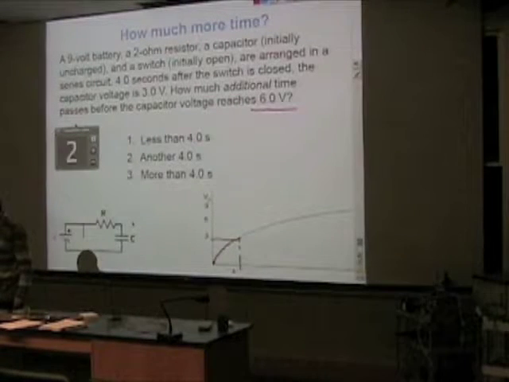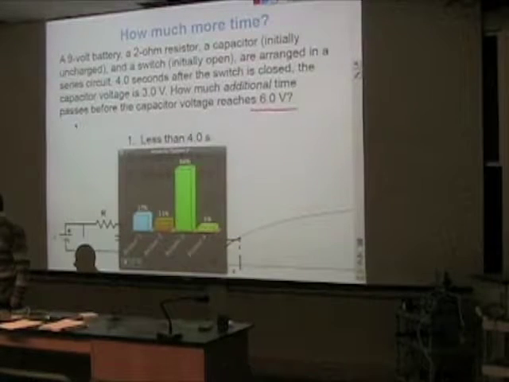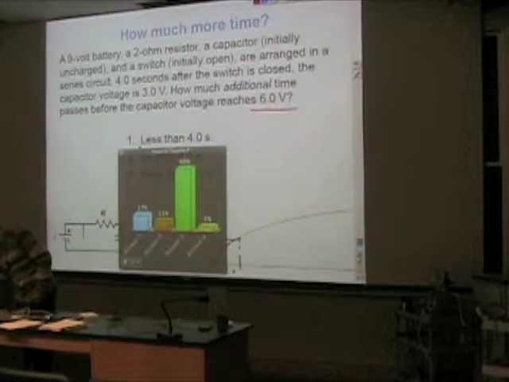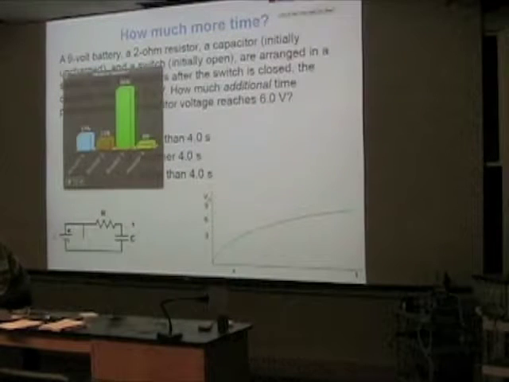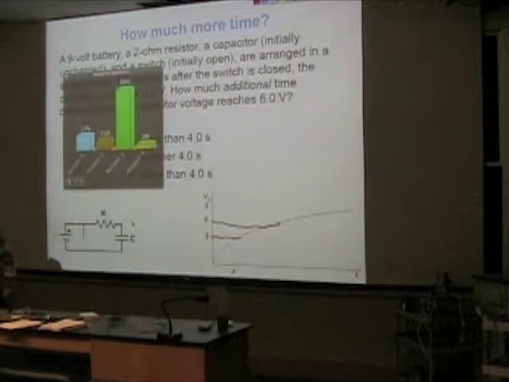Let's see what you think. The graph is supposed to help you, because if you look at the graph, it actually gives away the answer. Here, this is how much time we wait to reach 3 volts, and this is how much time we wait to reach 6 volts.